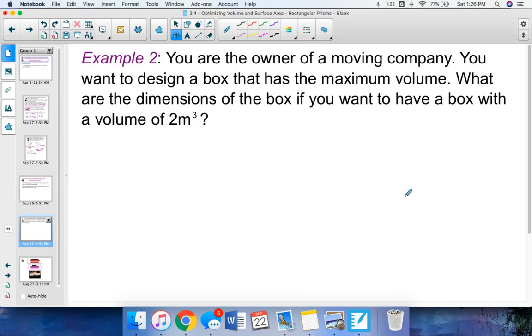You want to design a box that has a maximum volume. What are the dimensions of the box if you want to have a box with 2 cubic meters? Okay. So there's no constraints on it. We're allowed to use decimal numbers. Remember, our goal is the cube. So we go back here.